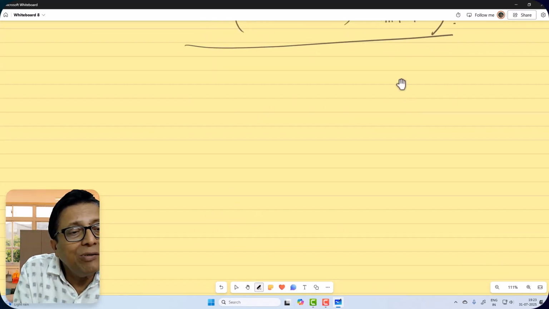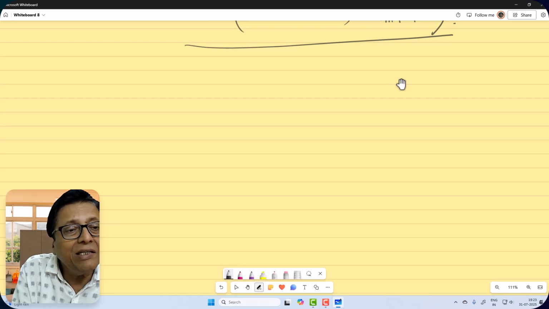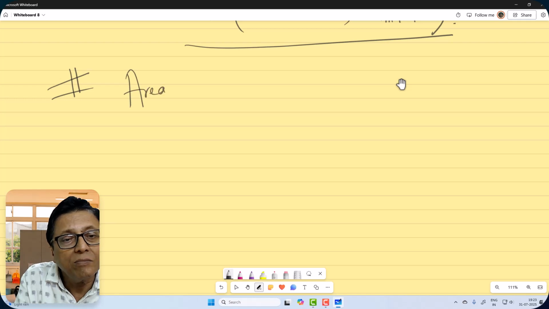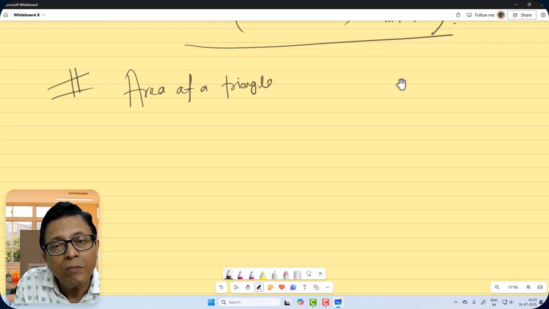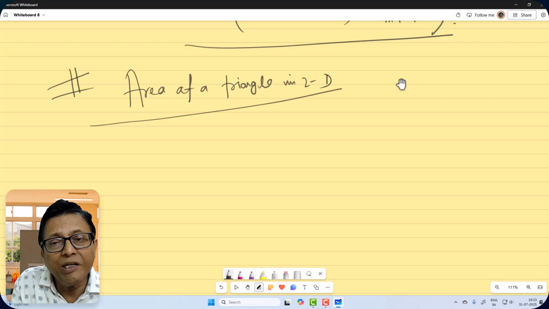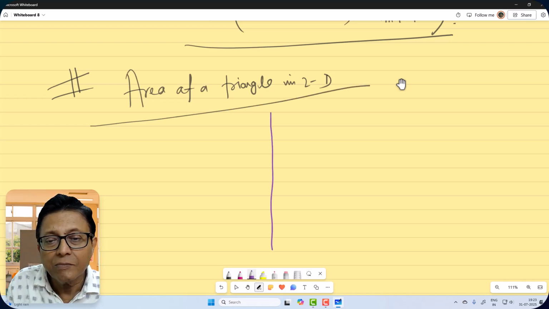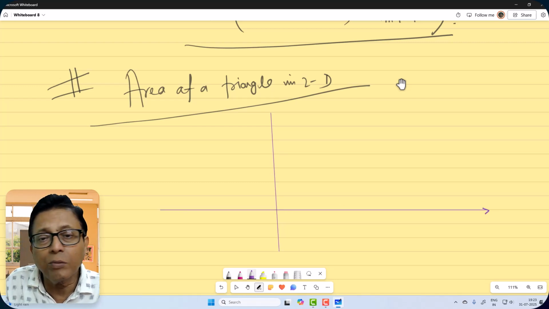And then using this concept, we can easily derive the area of triangle formula. Area of a triangle in 2D. How to find the area? So, in 2D, everything is determined by the coordinates of the point.